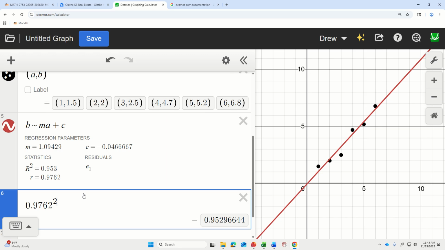So Desmos is telling me that about 95% of the variation between the y values of these black dots on my graph is explained by this red line. There's still a little bit of variation that's not explained. That's why the dots don't fall directly on the line. But most of that variation is explained well by that red line. How much? Exactly 95.3%.